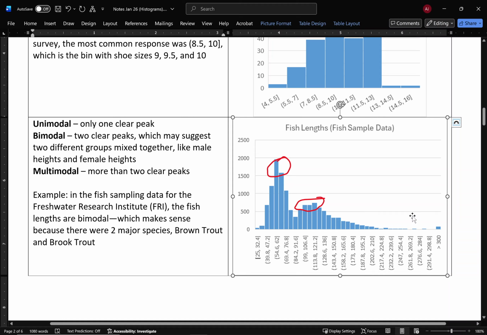This is the fish sample data from the Freshwater Research Institute, which is our SU research institute on, well, freshwater. So we have this huge collected data set from a whole bunch of different colleges and universities where they've been collecting data for, I think, about 15 years now.